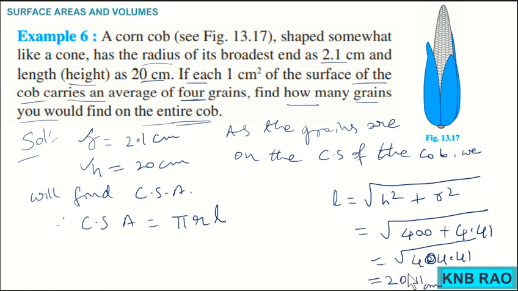So the l value, 20.11 centimeter, we will write as approximately what we found. Now we shall get into finding the CSA of this cob.